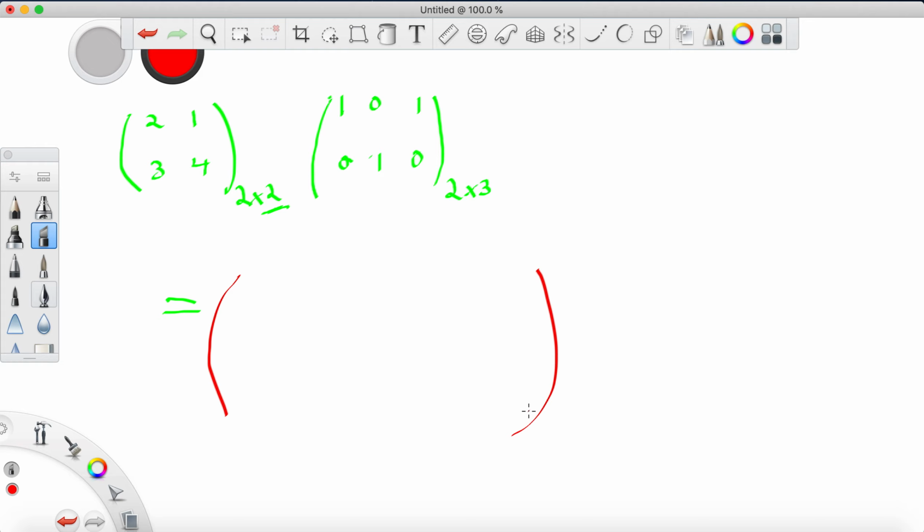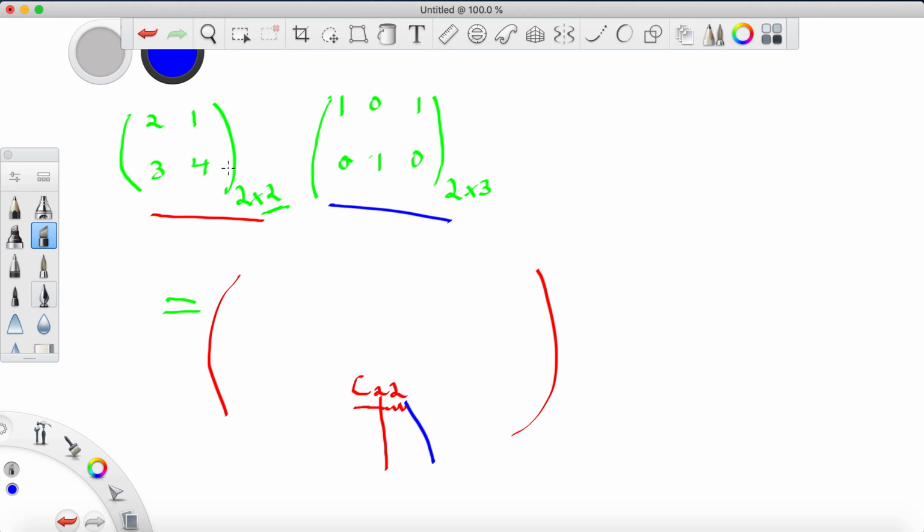Okay. So suppose I say that I want to know what C22 is. The neat thing about this is that the first element always corresponds to the first matrix, and the second element always corresponds to the second matrix. Also, with the first matrix, you're only going to take rows, and with the second one, you're only going to take columns.